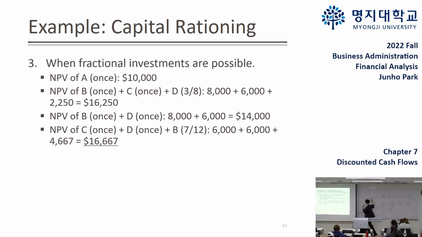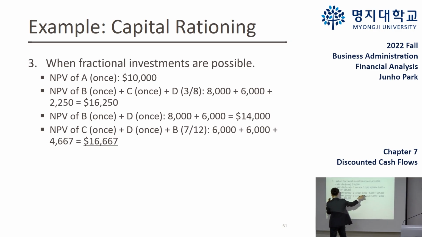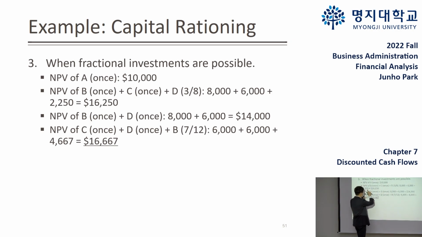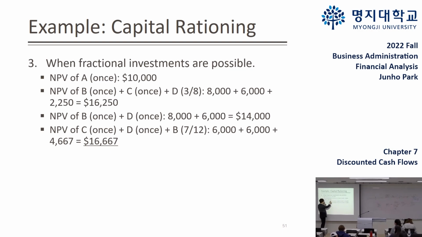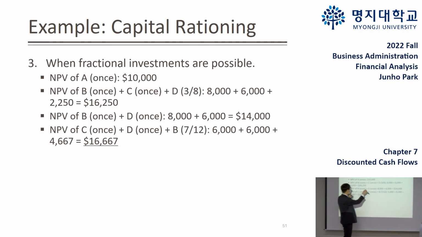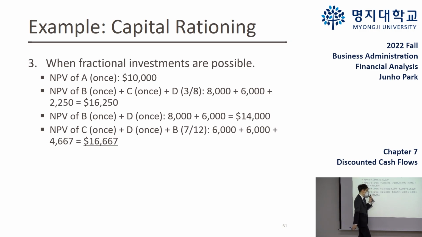Therefore, you get this amount of net present value from the D investment, and by adding the NPV of B and NPV of C, you have the overall total NPV of 16,250. Similarly, you can also calculate the fractional NPV for the 7 over 12, and then you get this one. By comparing all of them, you conclude that the last one has the largest NPV. Therefore, this should be your choice.